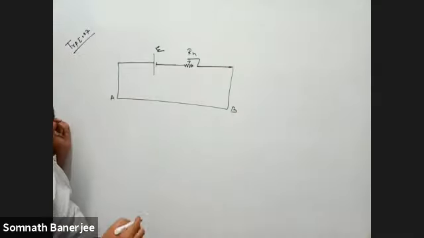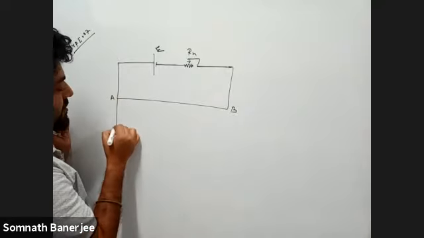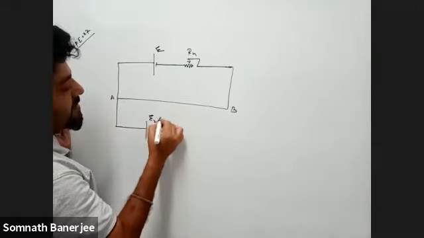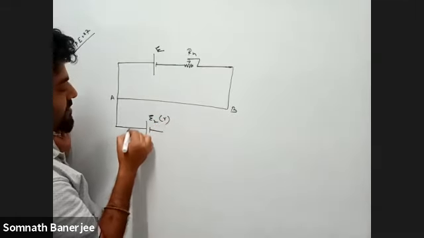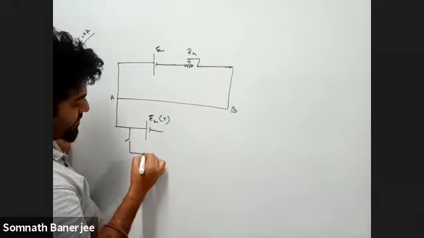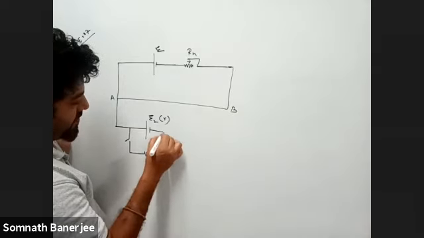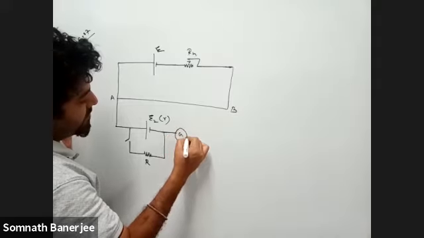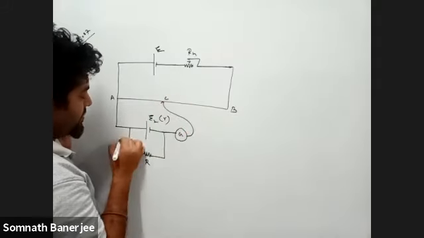And now with this you have the EMF of the secondary cell, a resistance, a switch, an external resistance, a galvanometer, and a jockey C.